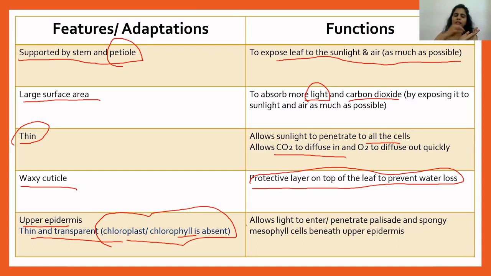Sunlight directly passes on to the palisade mesophyll cells and then to the spongy mesophyll cells. So it allows light to penetrate the palisade and spongy mesophyll cells beneath the upper epidermis. The cells below the upper epidermis are where photosynthesis takes place, so they should receive the maximum amount of sunlight. Hence the upper epidermis and lower epidermis are both transparent. Transparent means chlorophyll and chloroplast are absent in them.